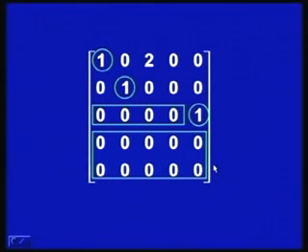In the second property, if a row has non-zero elements, like the first row, then the first non-zero element in this row has to be 1. This element can be any value, but this has to be 1. This also has to be 1, and even the third column has a non-zero element, which also has to be 1. So this may be a candidate for row reduced form.